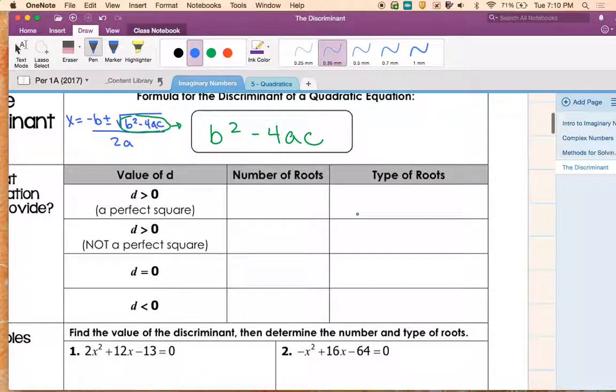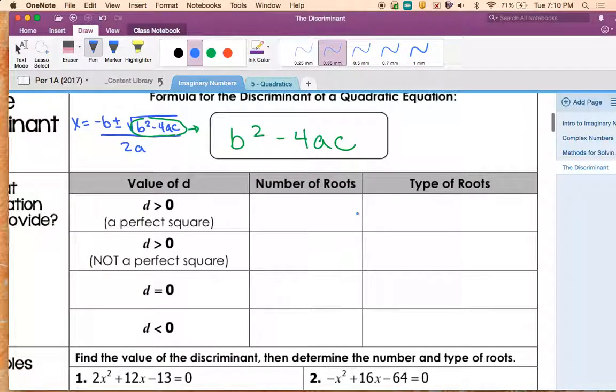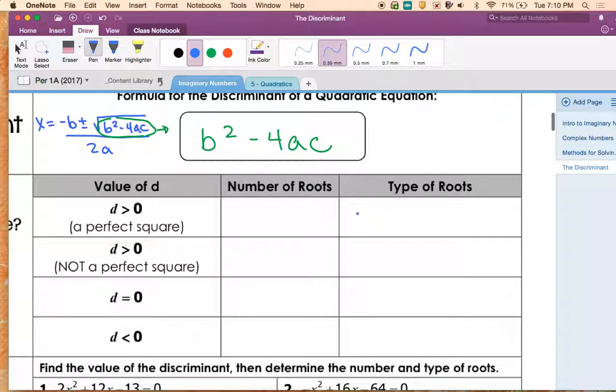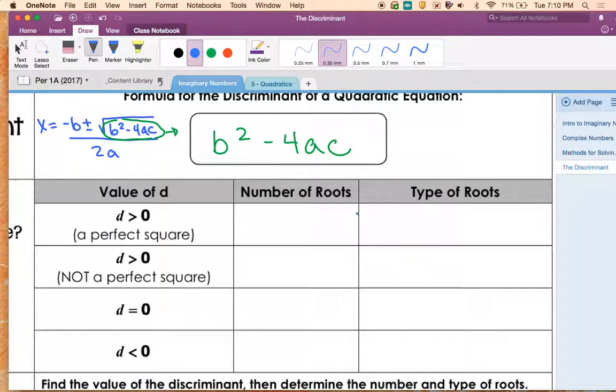All right, so when I go down here to the bottom, it's asking what information does it provide. So if our discriminant, D, is greater than 0 and it's a perfect square, I know that I'm going to have 2 roots, and I know that they'll be real numbers, and I know they'll be rational.